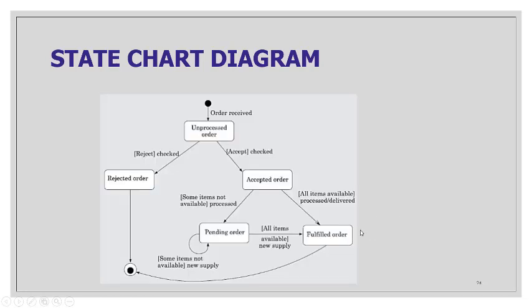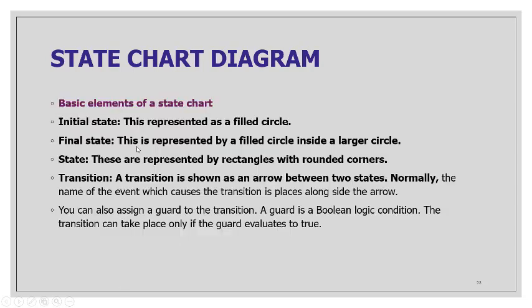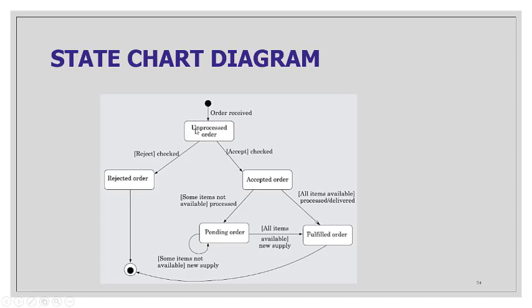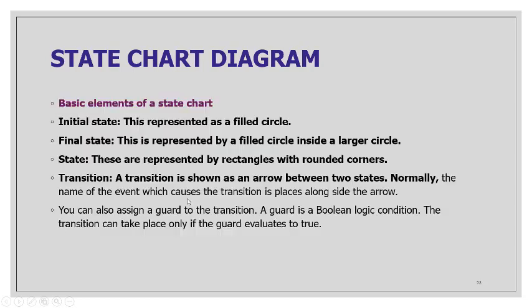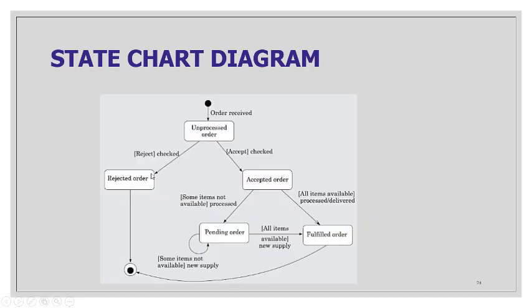Here is an example. This is the initial state, and this is the ending or final state. The rounded rectangles are states with the name of the state, and the transition is shown by the arrow. So for an unprocessed order, if it is checked and rejected, then it goes to the rejected order and the process is finished.